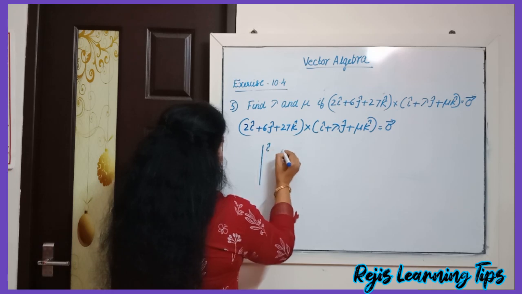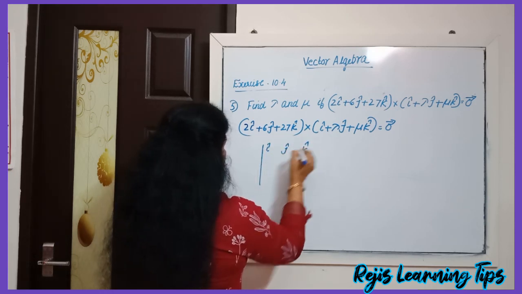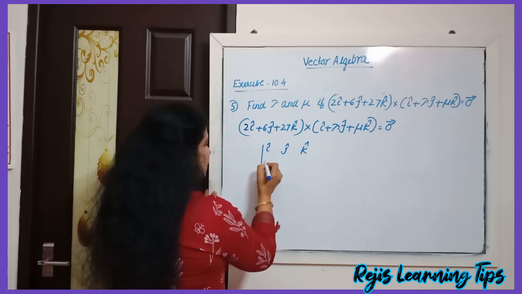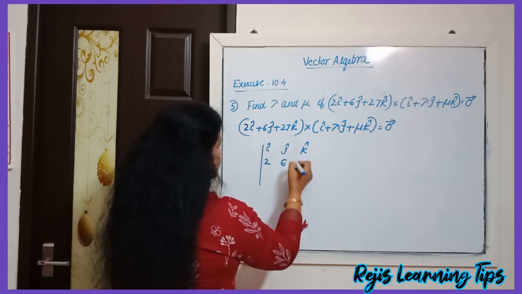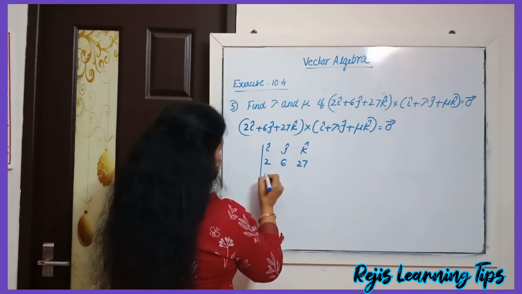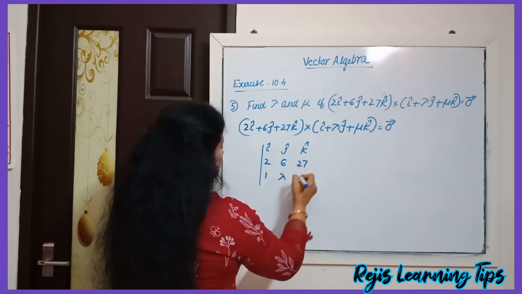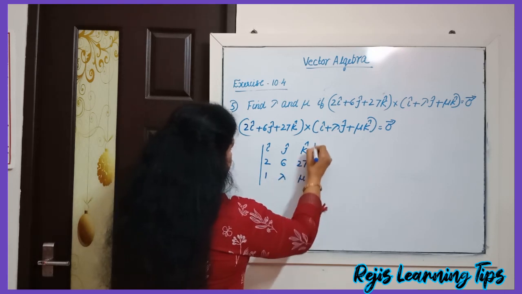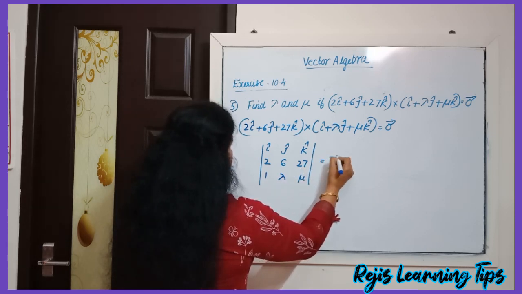So we write the determinant i j k. Then write the coefficients of i, that is 2, then of j, that is 6, then 27. Then the coefficients of the second vector: i cap is 1, j cap is lambda, and k cap is mu. That is equal to 0 vector.